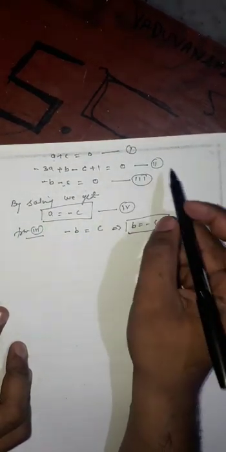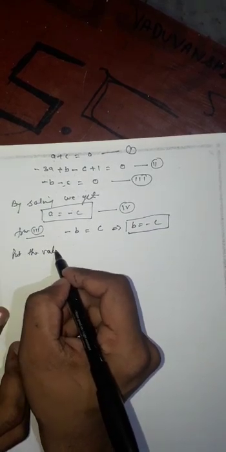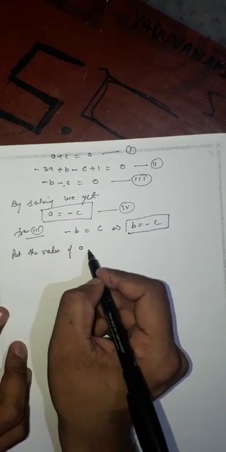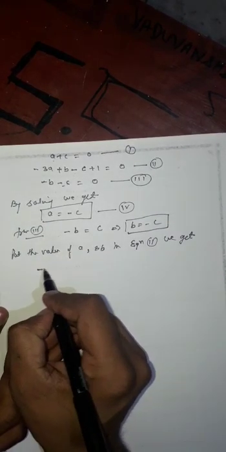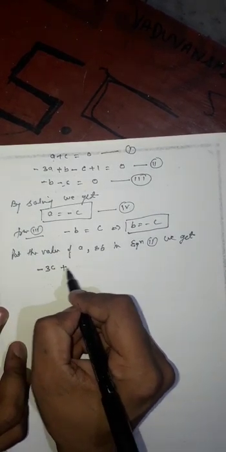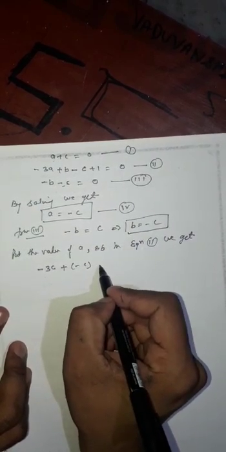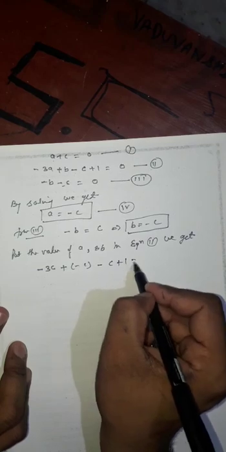Put the values of a and b in equation second: minus 3a becomes plus 3c, and b is minus c, then minus c plus 1 equal to 0.